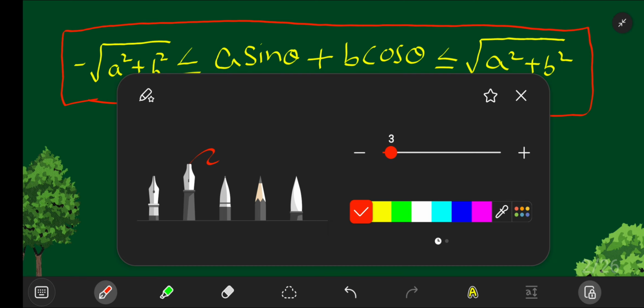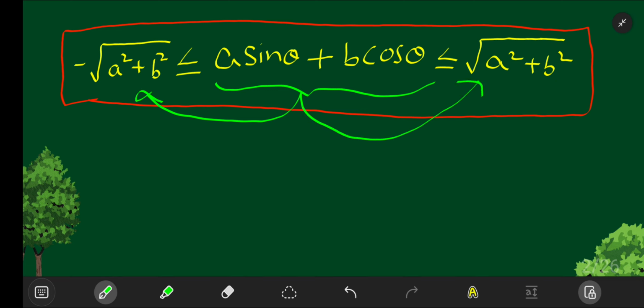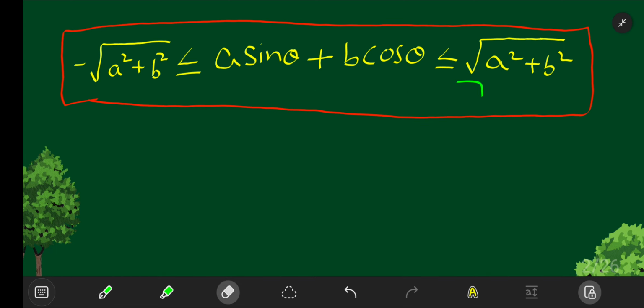The question will be given like this: in the place of a, b, numerical values will be given, and its maximum and minimum values are asked in the question. So with this formula you have to find the minimum and maximum values. This is the formula.